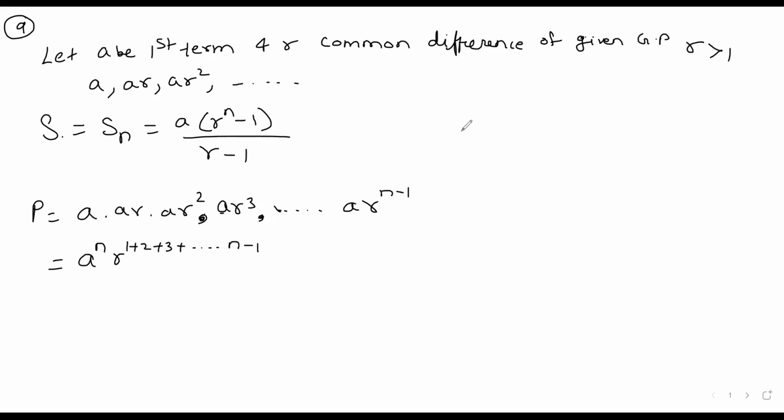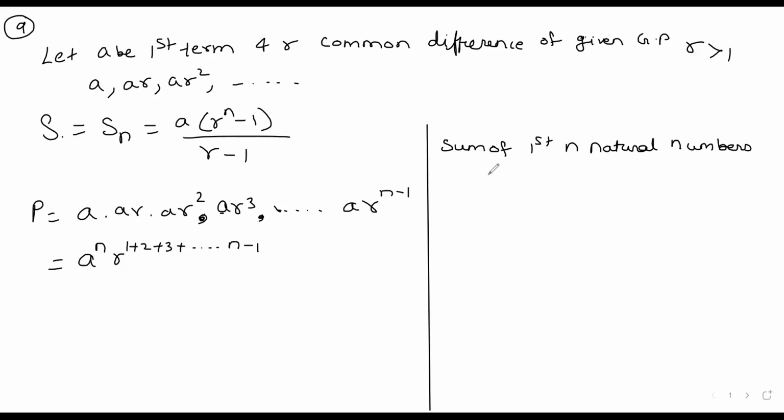Now see, there is one theory that we should know. Sum of first n natural numbers. N natural numbers are in AP: 1, 2, 3, so on up to n.